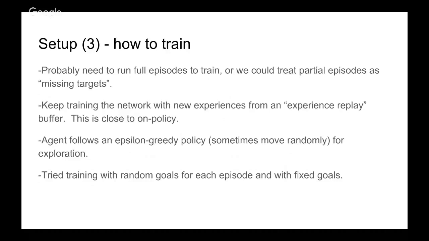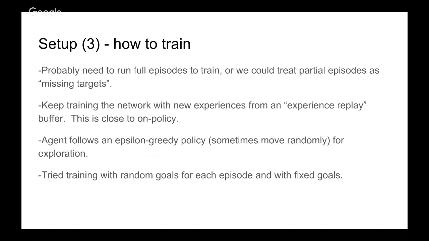And in the paper, they experiment with using random goals for each episode during training, as well as using a fixed goal vector during training. Basically what they found here is that using either a random goal vector or a fixed goal vector works. When I say a random goal vector, I mean it's the same random goal vector for an episode, but it changes from episode to episode.